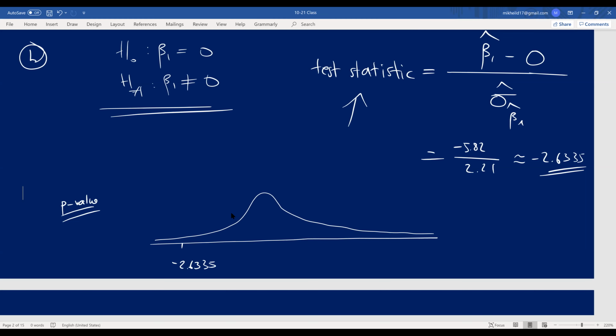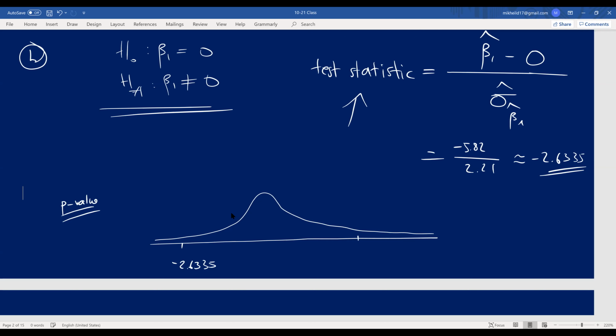And the p-value is what? Can you tell me? Is it the z critical of negative 2.6335? No, it is not z critical. The p-value is a probability. For two-sided, this is your test statistic, right?